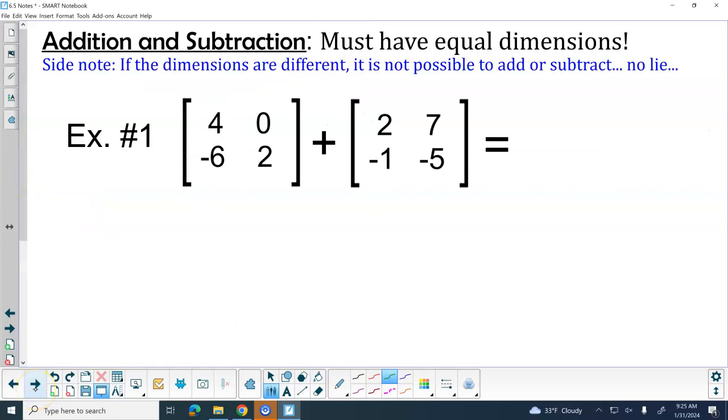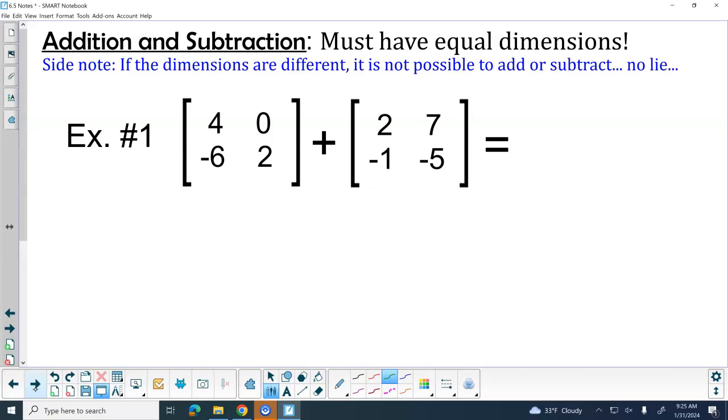We can add and subtract matrices. We will do some scalar multiplication of matrices today. Tomorrow we will do matrix multiplication, which is more complicated. But in order to add or subtract for today, they must have equal dimensions.